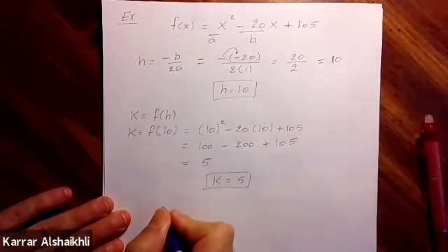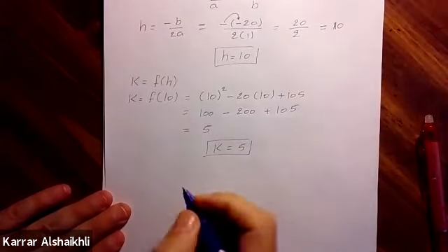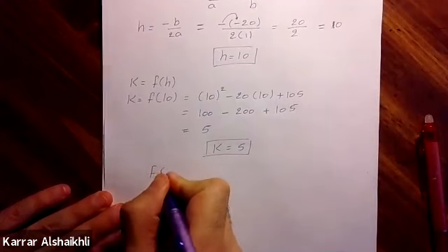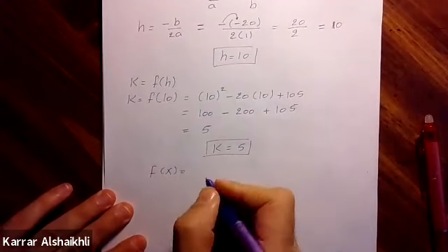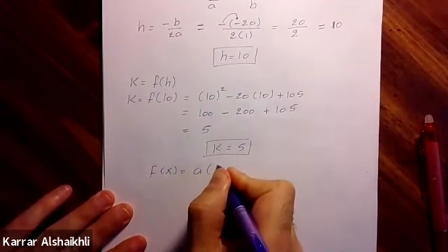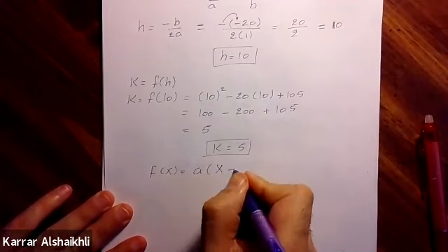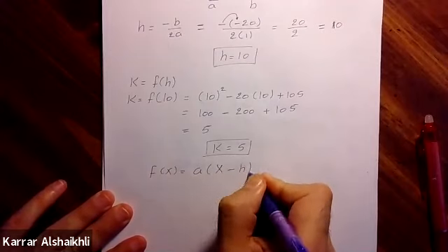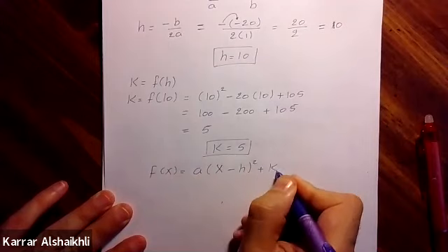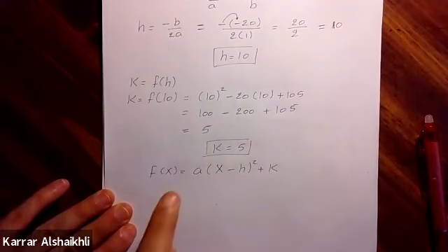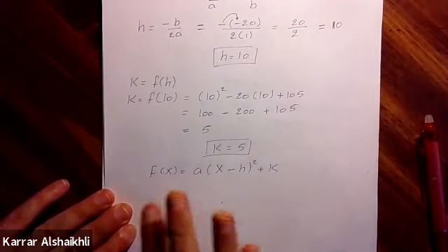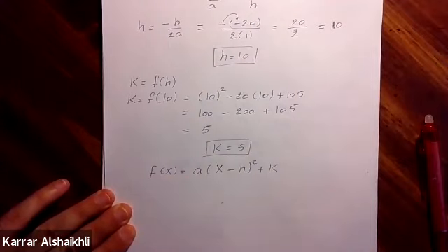Here is the formula. It says f of x equals a times (x minus h) squared plus k. Now I just need to plug in the numbers.